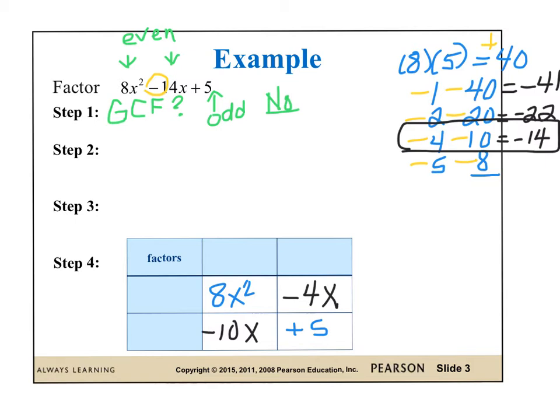And at this point, all we have to do now is look for the greatest common factor across each row and in each column. And so that's what we're going to do next.